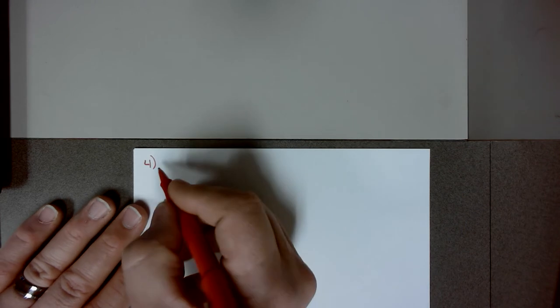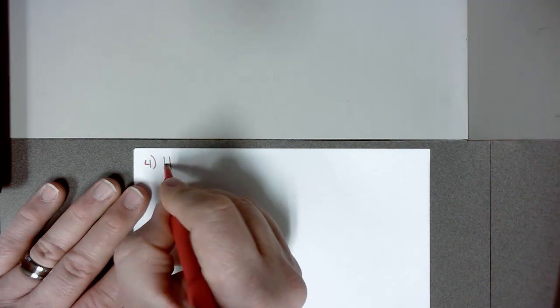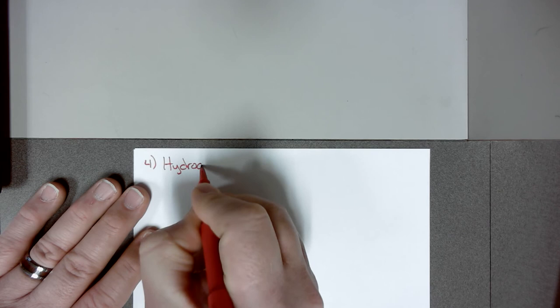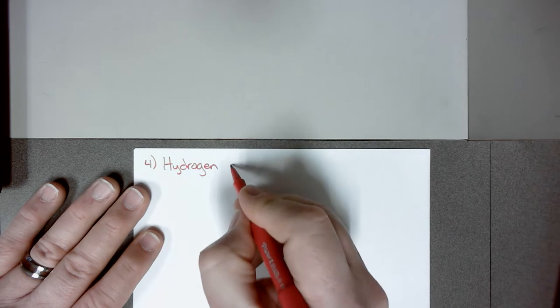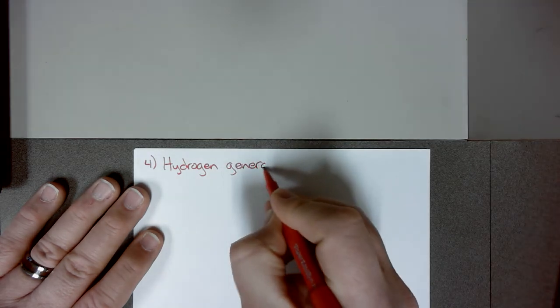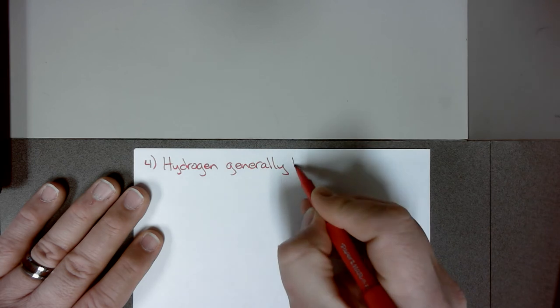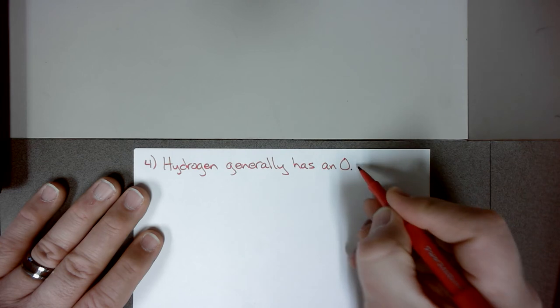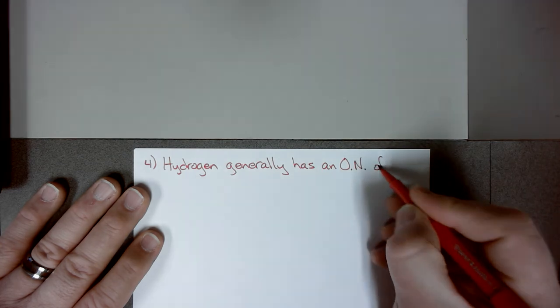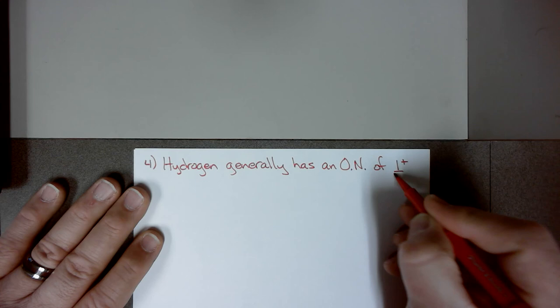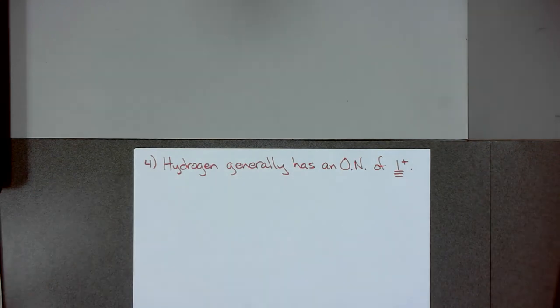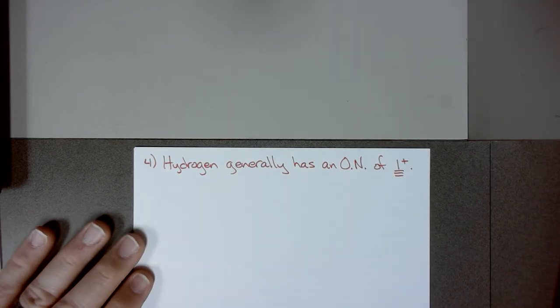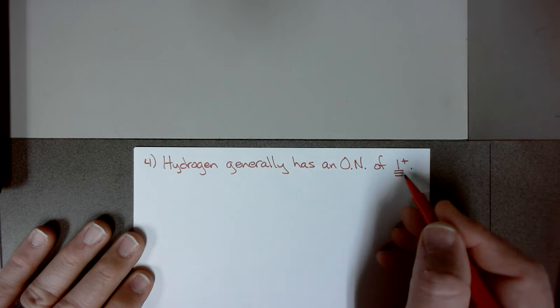So the first one is that hydrogen generally has an oxidation number of 1+. Okay, so in our instances, we're just going to say that hydrogen has an oxidation number of 1+. There are exceptions where it's a 1-, but we're going to say 1+.